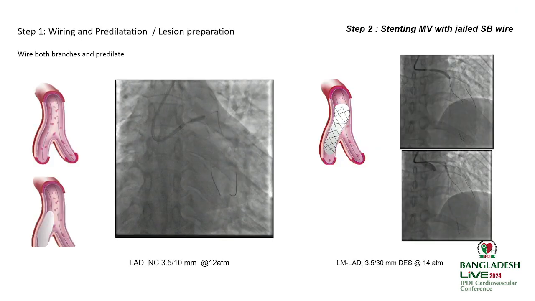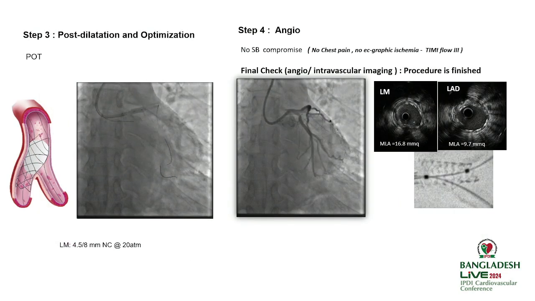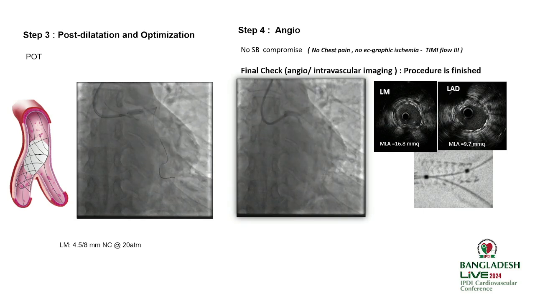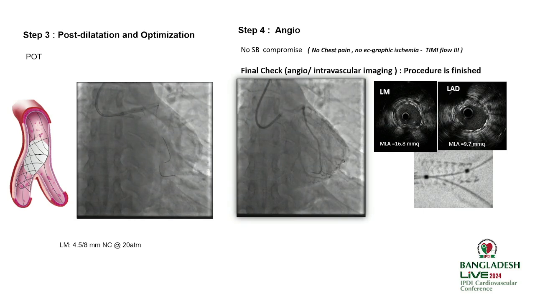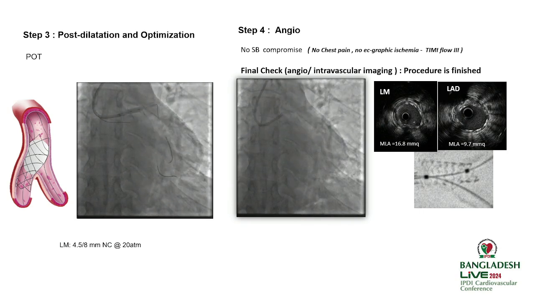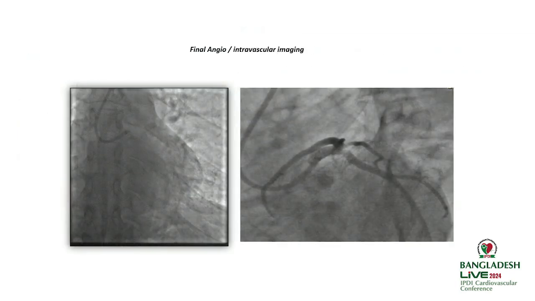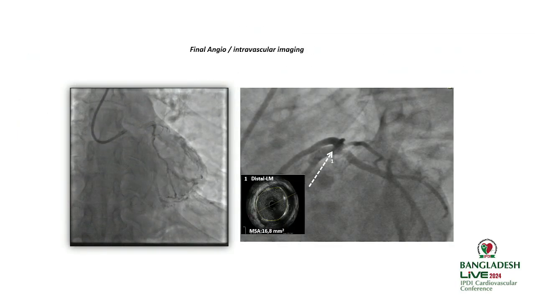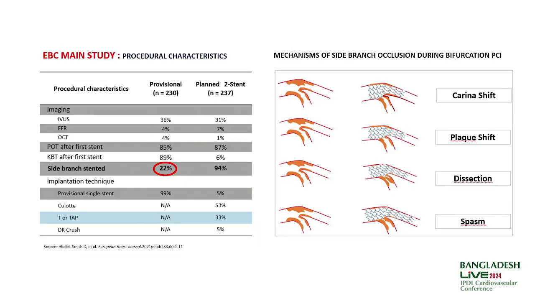And then you have to go step-by-step: wiring, pre-dilatation, main vessel stenting, and POT, that means proximal optimization. And if you have a good result, no compromise of the side branch, your procedure finishes here. And this will be the final angio and the final IVUS as well.